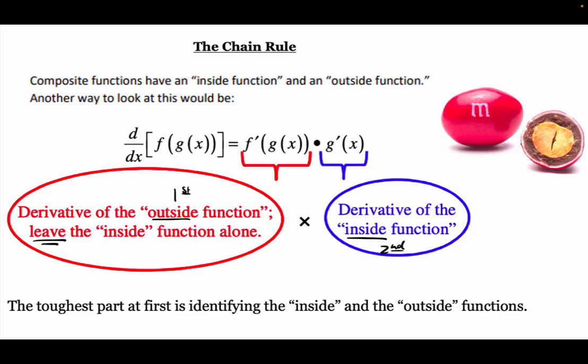It's knowing what is the inside and what is the outside. That's the biggest thing. Because there'll always be an outside function, but sometimes there's not only one inside function, there are 2 inside functions, and sometimes 3. So the hardest part about doing the chain rule is identifying those things.